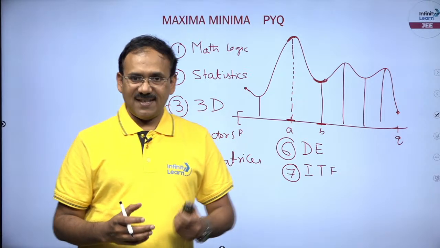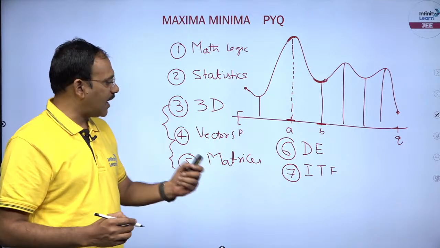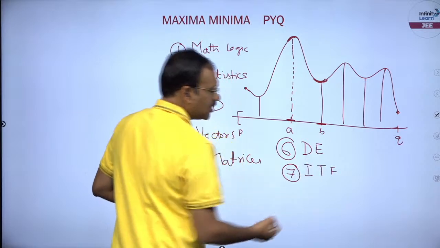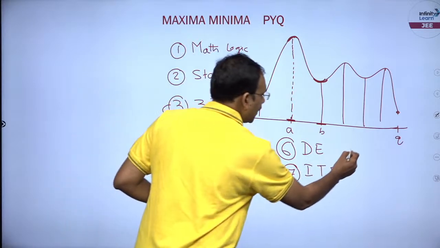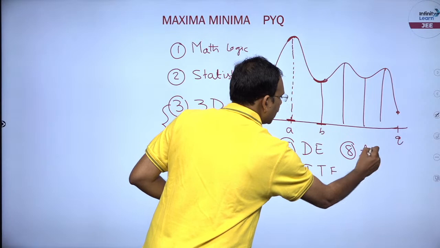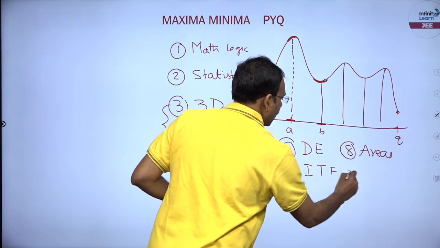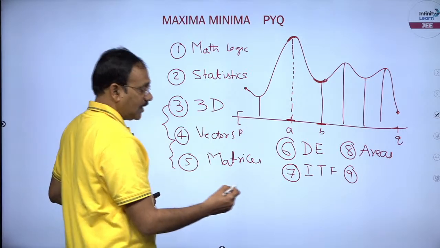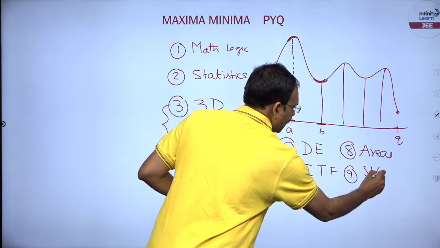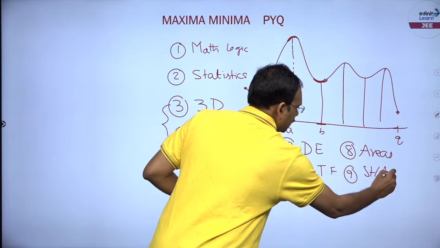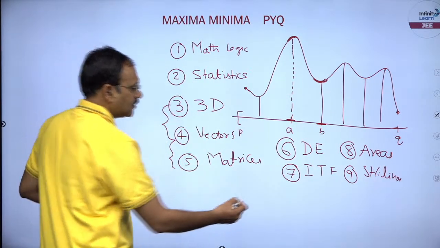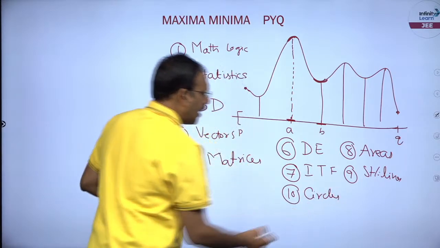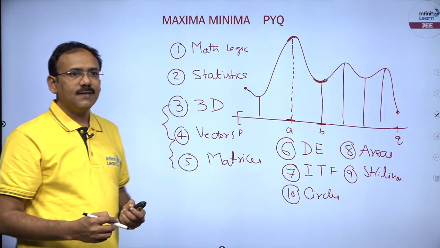Okay, so first focus on these. After this I suggest going with another topic. In differential equations, if you are good at little graphs, you can go with areas, and 9, I suggest straight lines, then 10, circles, and I can also say 11.